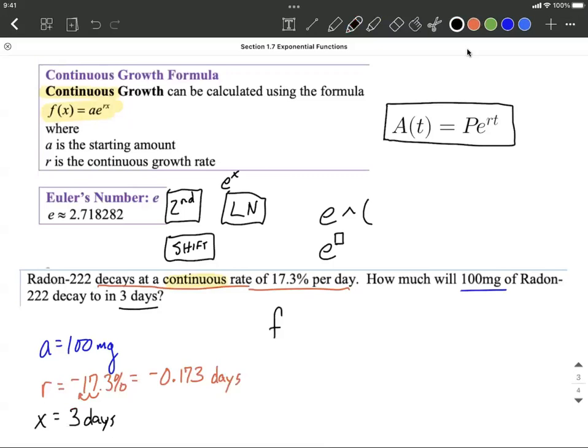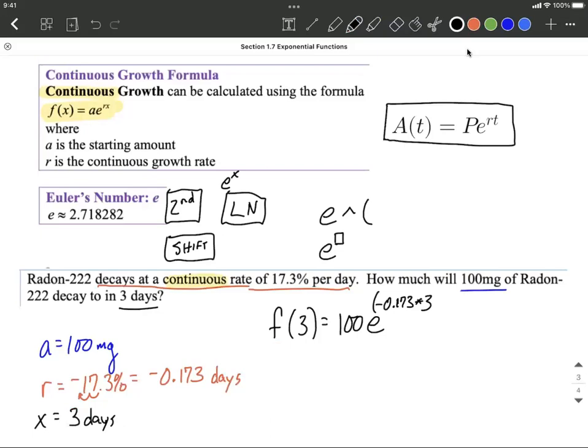So our function can be f of 3 equals our starting amount, then e raised to the negative 0.173 multiplied by, I'm using that star to indicate multiplication, 3. When you put this into your calculator, I would have to start a set of parentheses here.